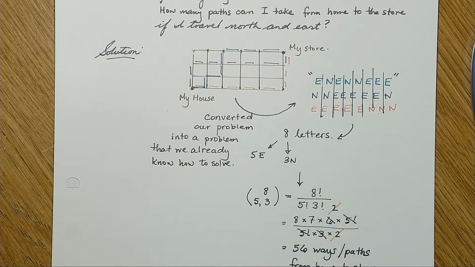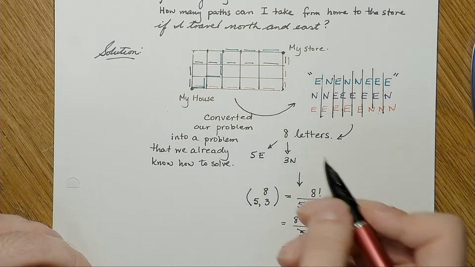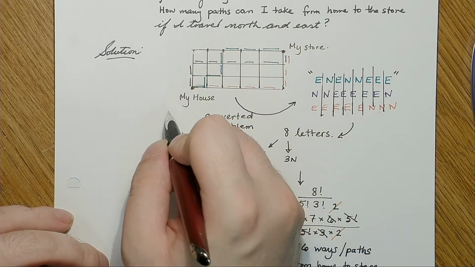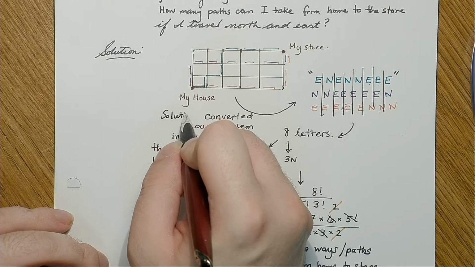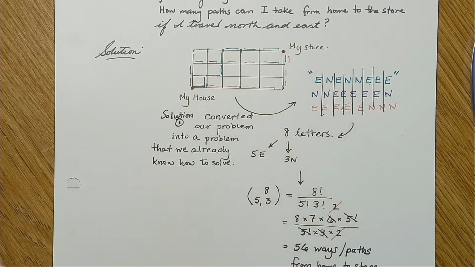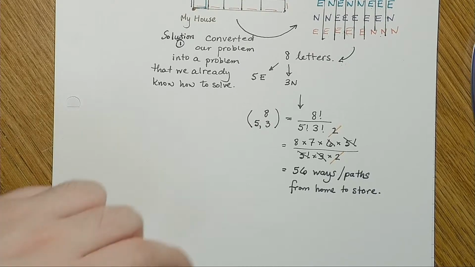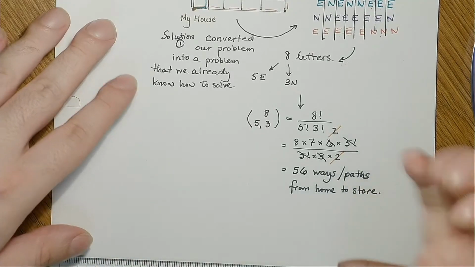Now, I do believe that there is another way. So this is one way of doing it. What we've done is kind of like solution 1. What I can do over here is solution 2.